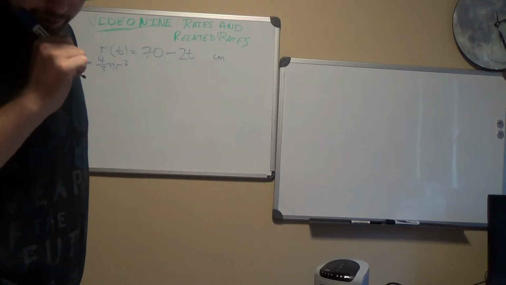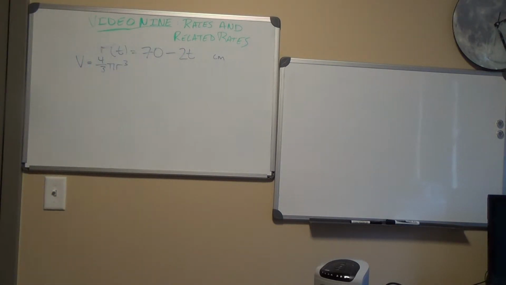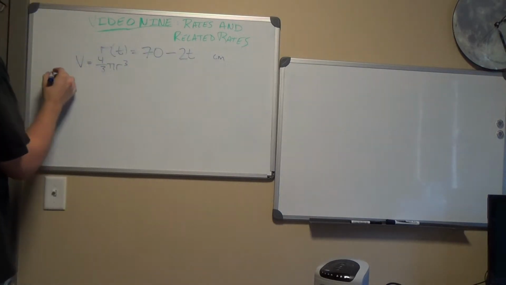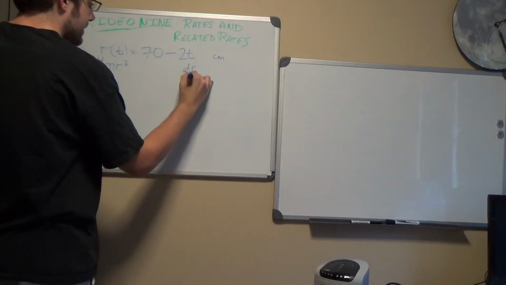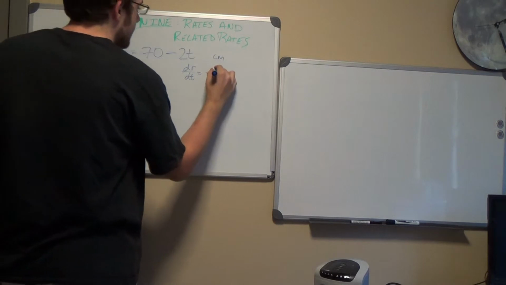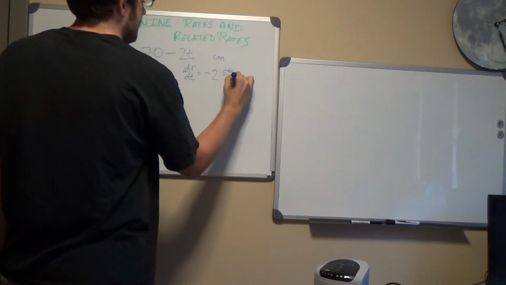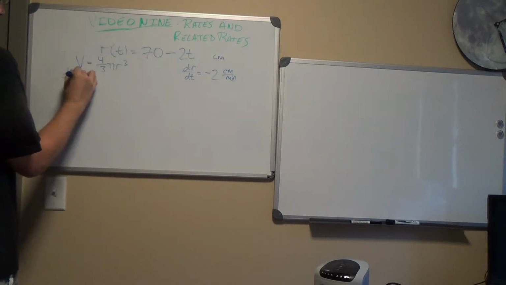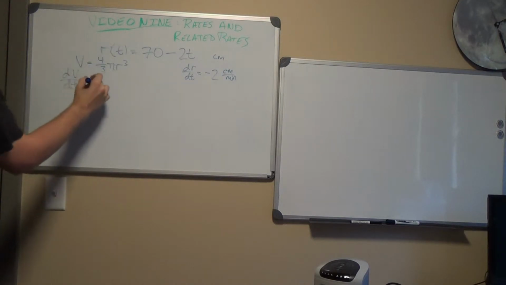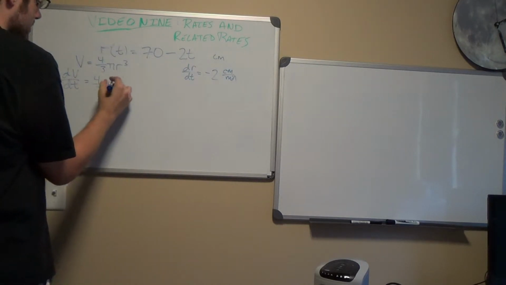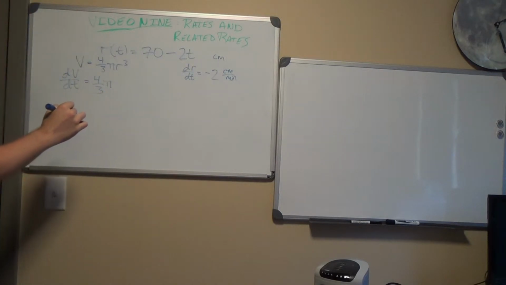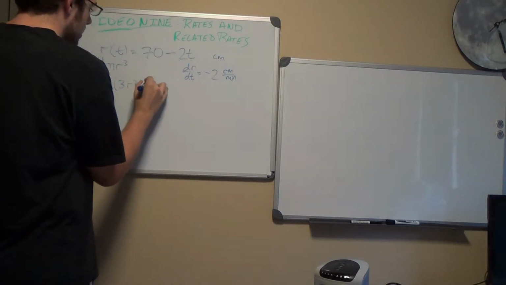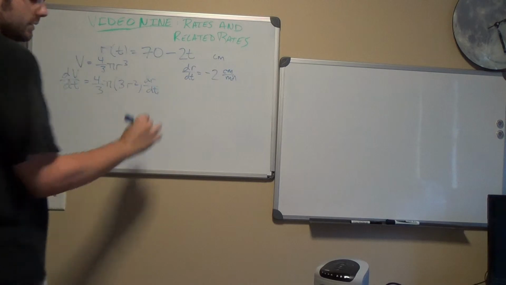So there are a few things that we need to first find. dr/dt, the rate of change, is equal to -2 centimeters per minute. And we need to find dV/dt, which is equal to 4/3 pi times 3r squared dr/dt.